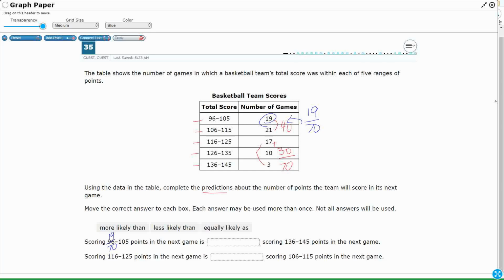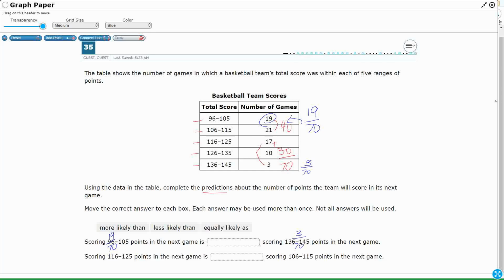And then we've got the 136 to 145, right? So that's, look at that, 3 out of 70, because that's the highest range, and you can see that they only did that 3 times. So that's going to be 3 out of 70.